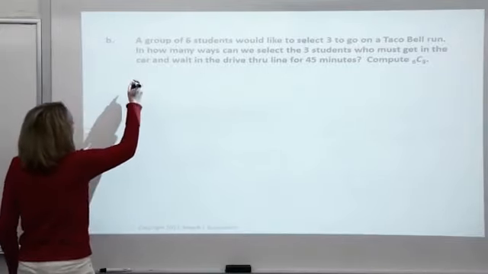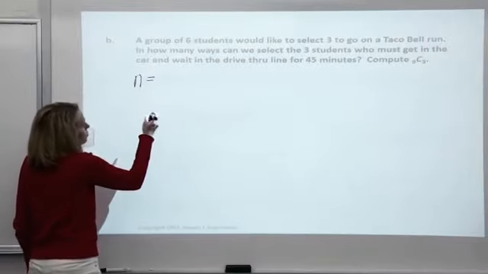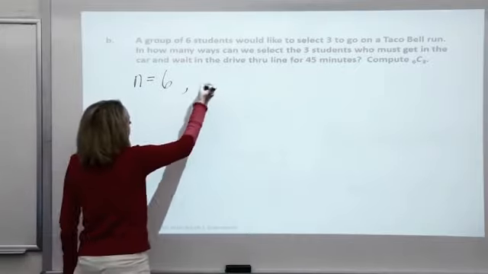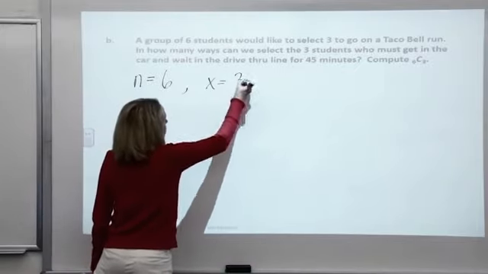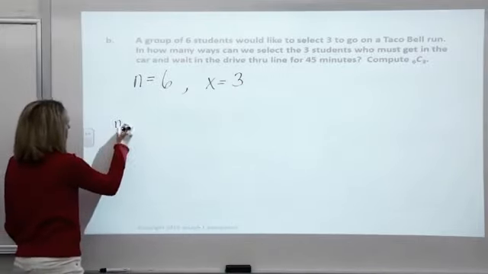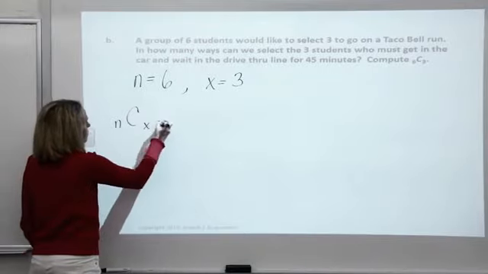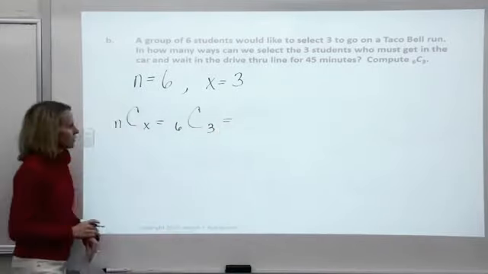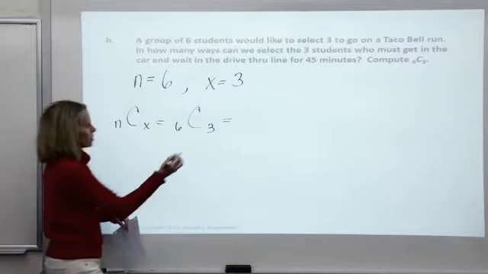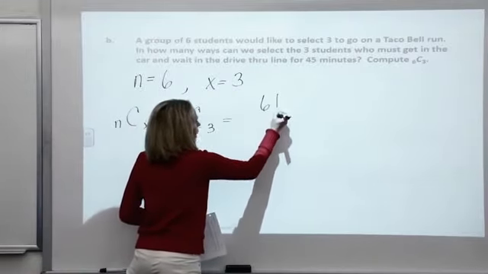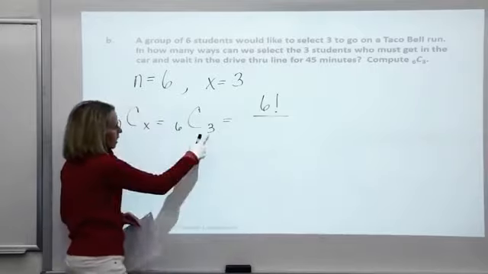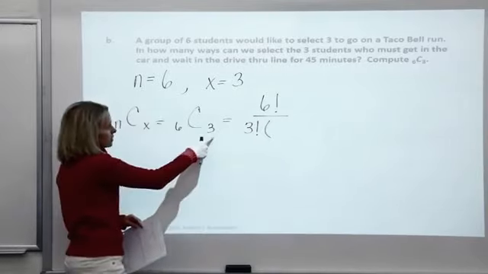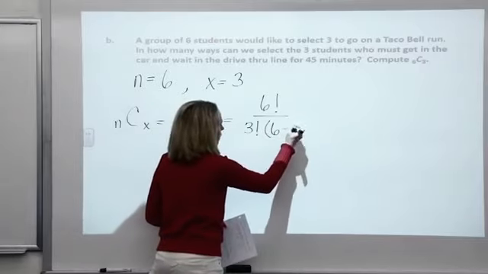So in this case, the number of trials is a total of 6 students. The number of successes, we would like to select 3 of those students. So we're going to figure out what's 6 choose 3. Okay, so the numerator has n factorial. The denominator has x factorial and n minus x factorial.